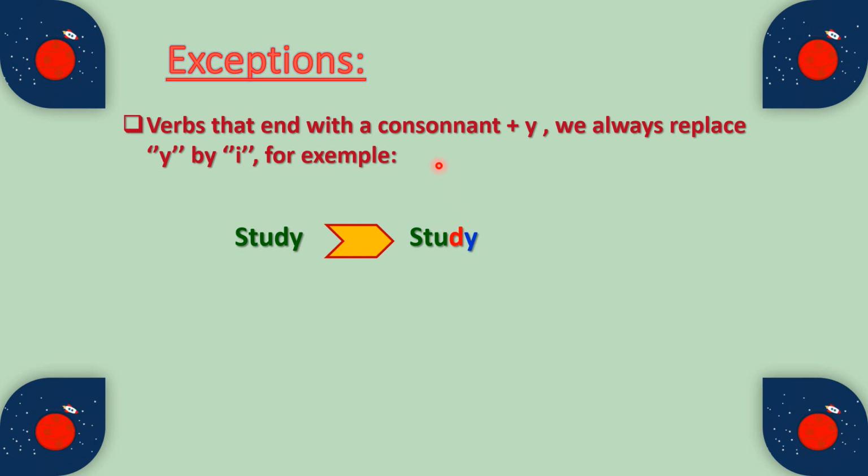Depending on the rule, which says a consonant plus Y, D is what? D is a consonant, okay?